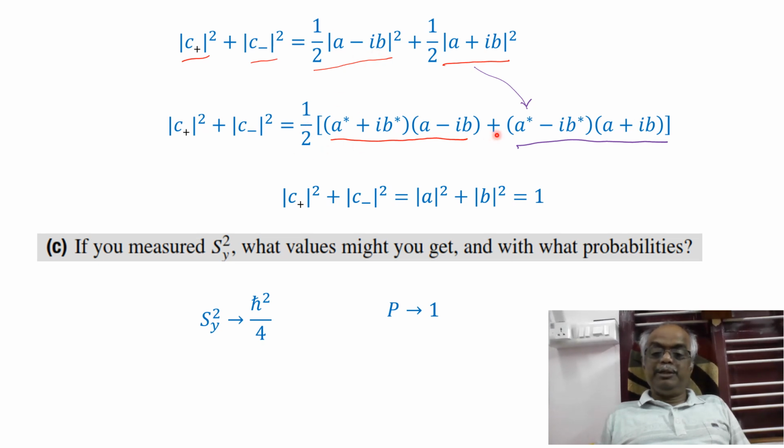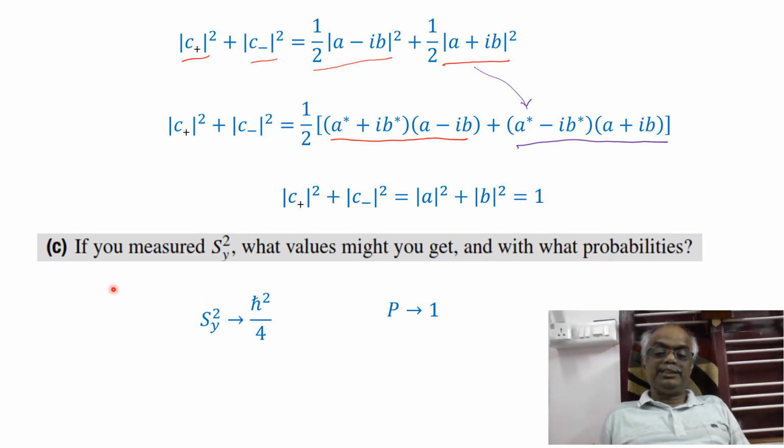Now, if you multiply and simplify these two expressions, you will get modulus A squared plus modulus B squared, which is equal to 1. So the total sum of the probabilities, spin up and spin down, is 1. And part C is: if you measured Sy squared, what value might you get and with what probability?